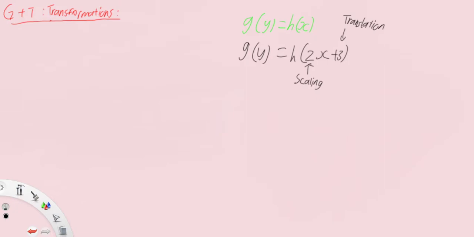We start with, let's say, scaling and then translation. So we scale first, parallel to the x-axis with scale factor 2. Just kidding, half.